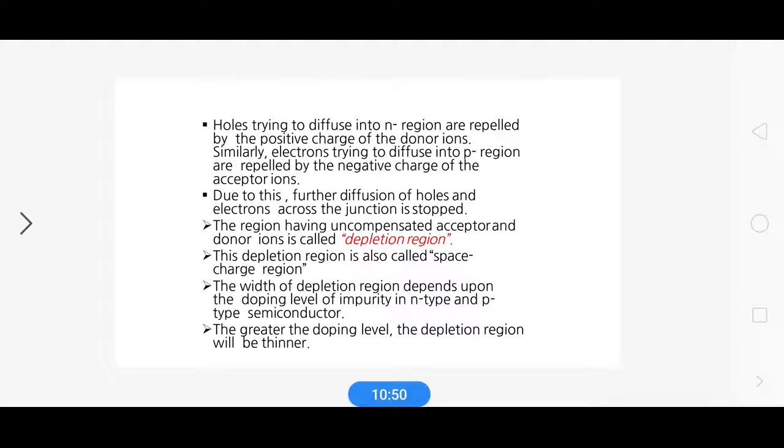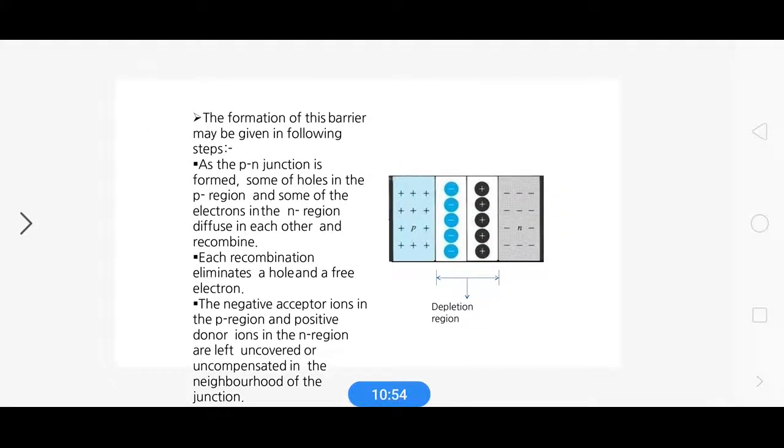What happens? Observe here, if a hole in the p region tries to cross the junction, that hole is a positively charged carrier.